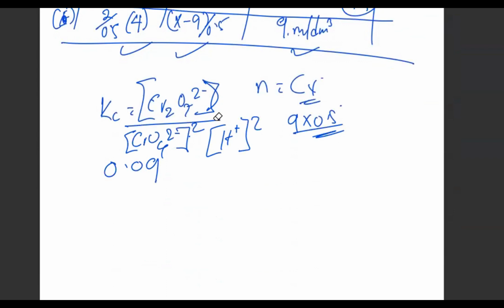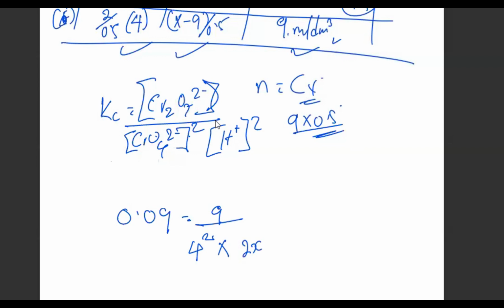Now from there I am going to substitute properly: 0.009, which is the Kc, is equal to 9, which is this 9, divided by, for this it's going to be 4 squared times 2x minus 18.